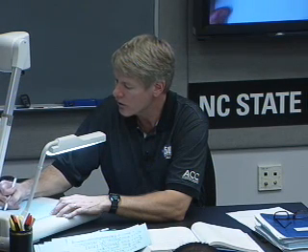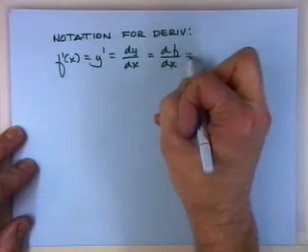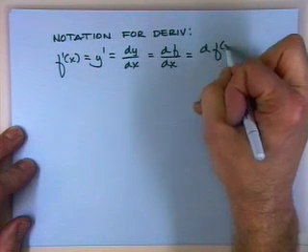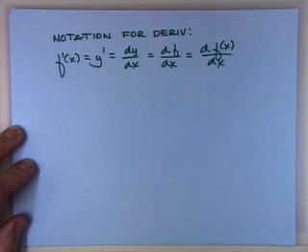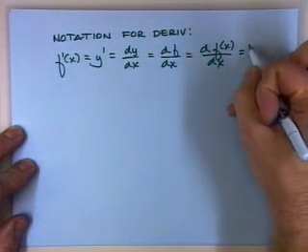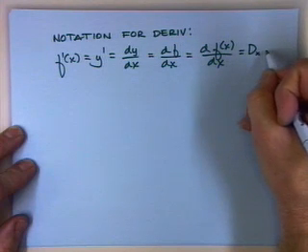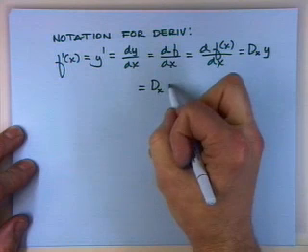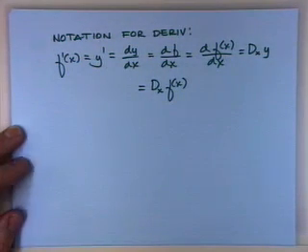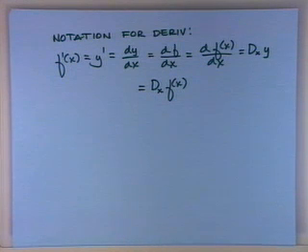The derivative of the function with respect to x. The derivative of f of x with respect to x. All these are the same thing. They're all derivatives. You could have derivative with respect to x of y, derivative with respect to x of f of x. All the same thing.